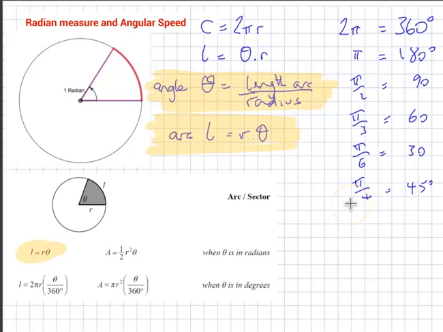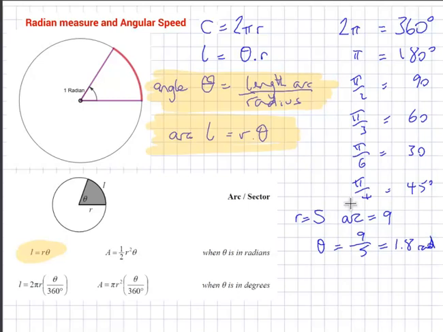So let's just say, for sake of argument, I have a circle with a radius of 5, and I've got an arc length that happens to be 9. Then we can say that the angle that's created from that arc of 9 is going to be 1.8 radians.